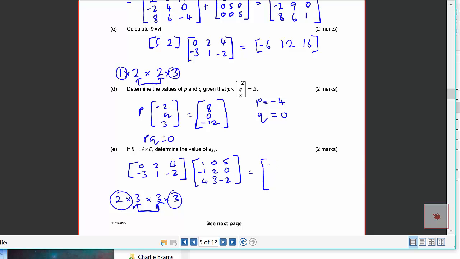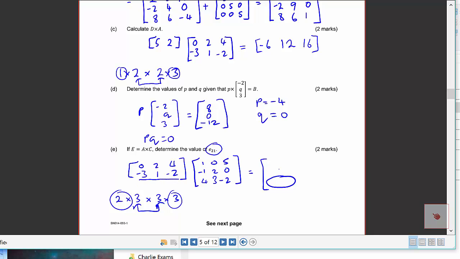So let's get this top left. Actually, we only want E21. So that's just the element in the second row, first column. Let's think about that. It's 2 by 3, so it's the bottom row, first element, so we don't need to do the whole thing.